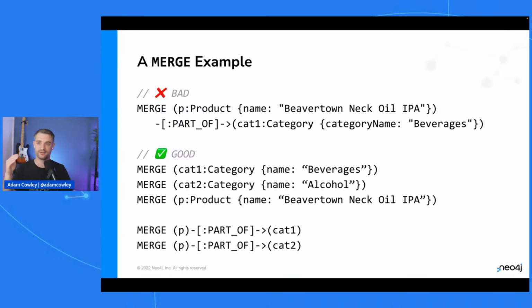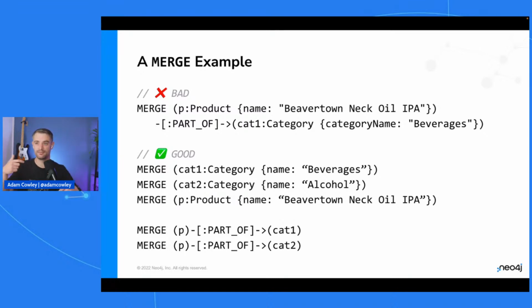The good way to do this is to split this out into smaller chunks. I've added an extra category in here, but what we're doing is first saying find or create the beverages category, then find or create the alcohol category, find or create a node with a name property of Beavertown Neckerwell IPA, and then find or create the relationships between them.